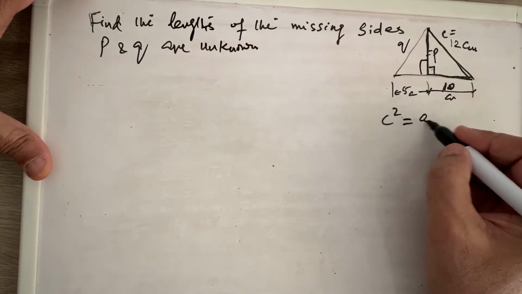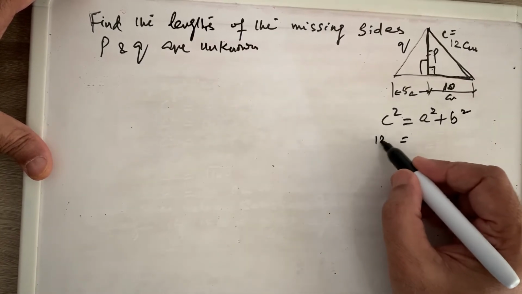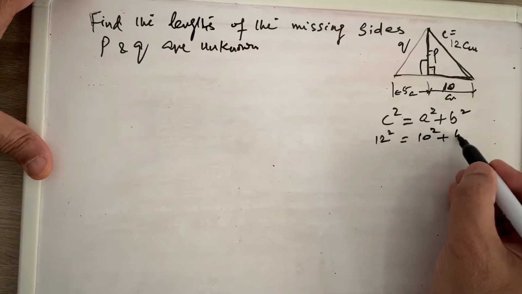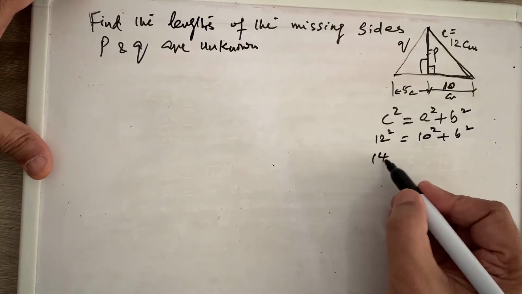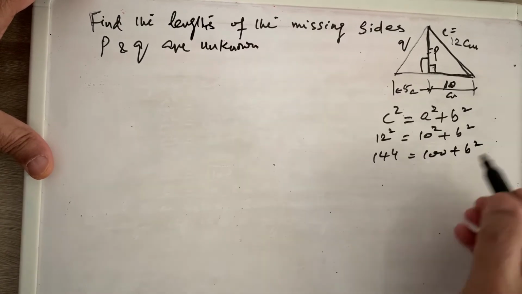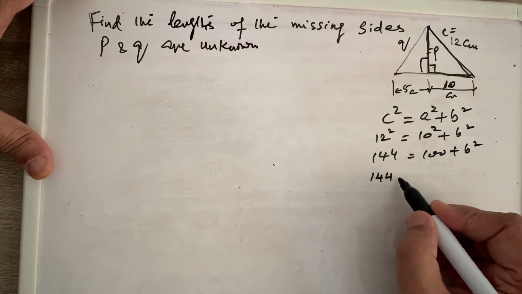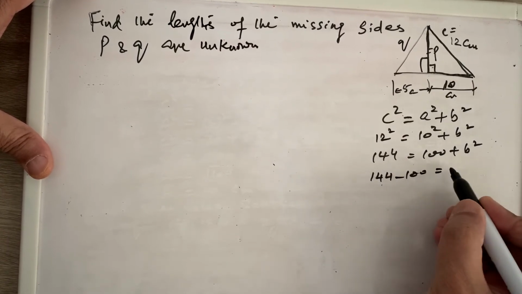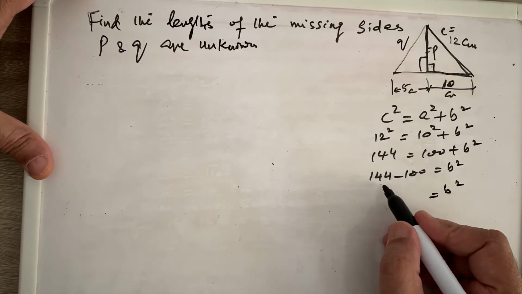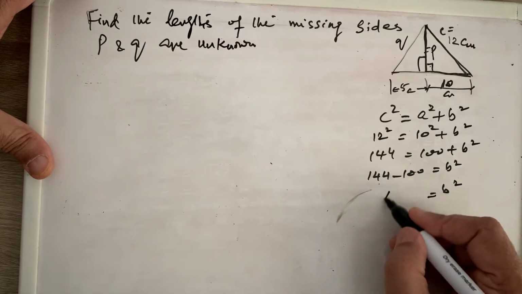So C square is equal to A square plus B square again, and we will say 12 square is equal to 10 square plus B square. So 144 is equal to 10 square, which is 100, plus B square. We shift this 100 to the other side, so it will be 144 minus 100 is equal to B square, which is 44.